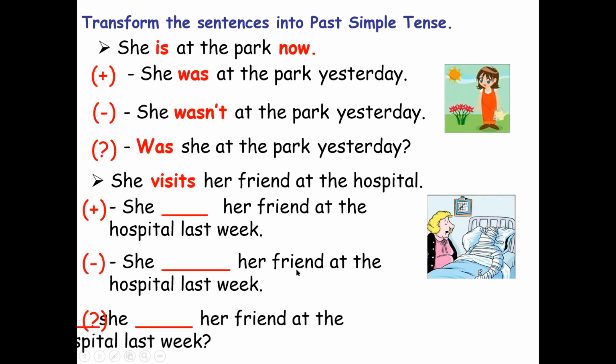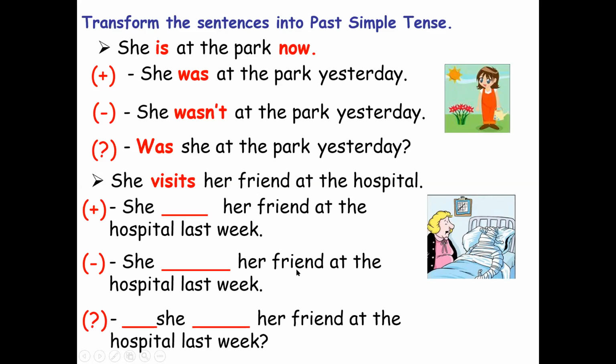Question: did she visit her friend at the hospital last week? What does it mean, my friends? In here is going to be visited. In here, didn't visit, ede yok. In here, did she visit, ede yok.